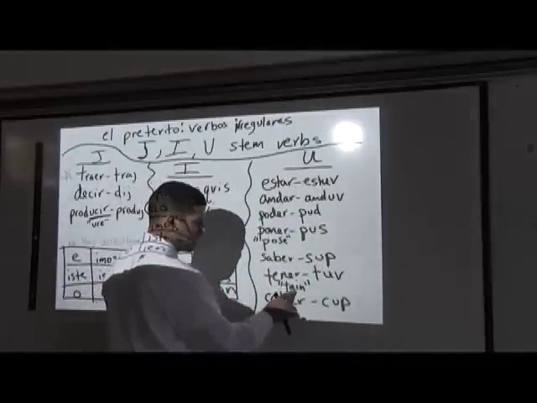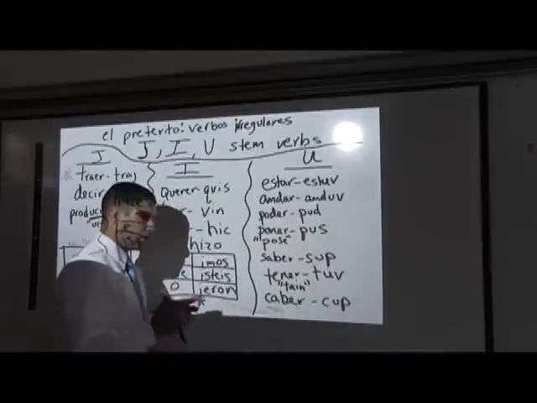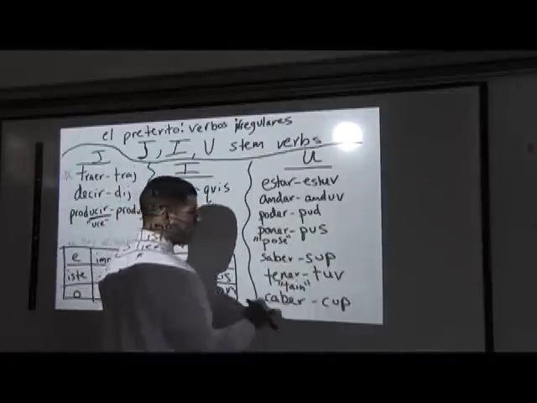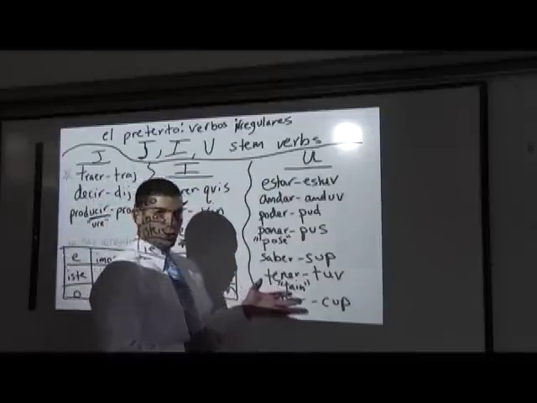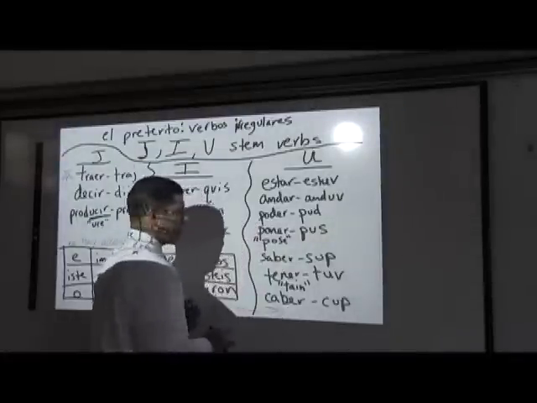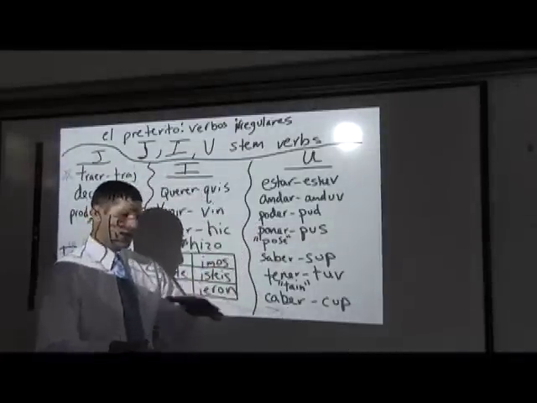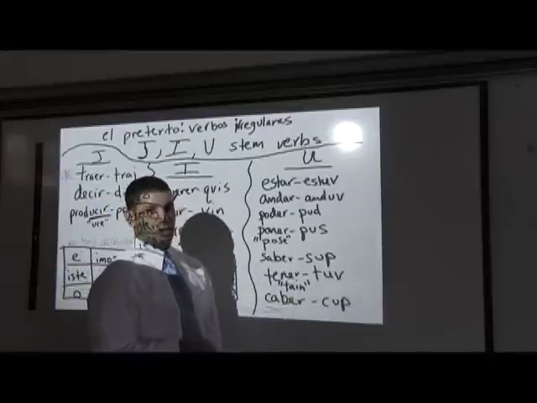These "tain" words in English usually have tener in them, and there are quite a few. Your stem for those is tuv. So detener would be detuv, retener, to retain, retuv. Caber is to fit into something, like a puzzle piece, to physically fit into something, and that's going to be cup.